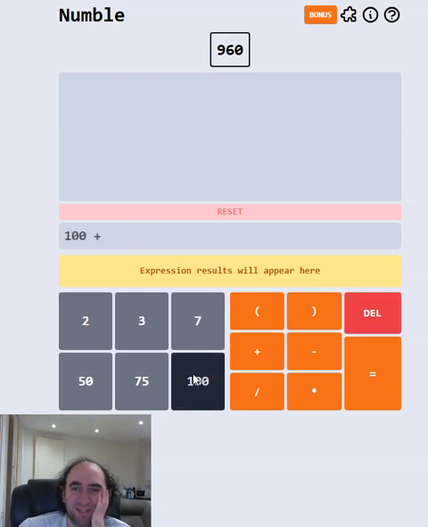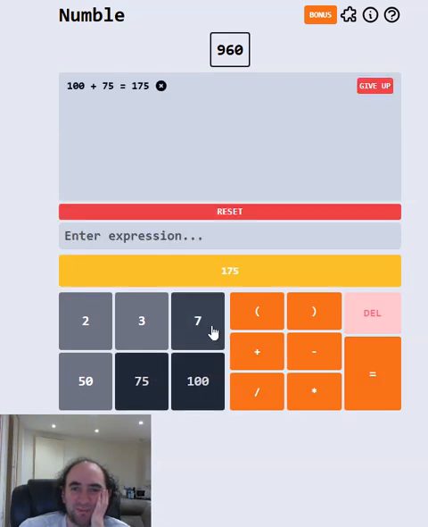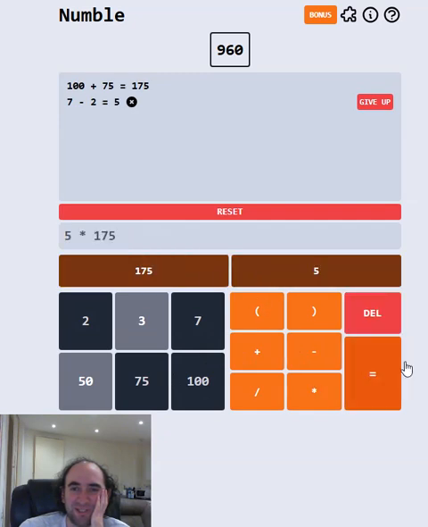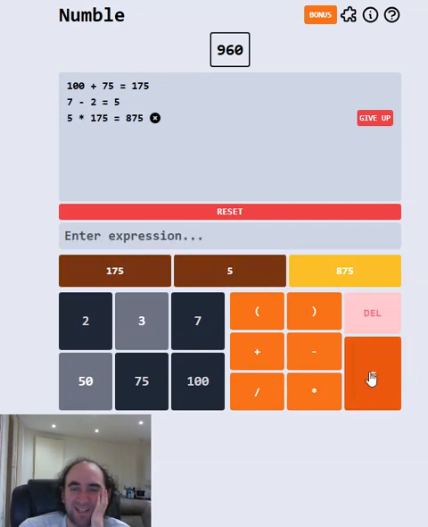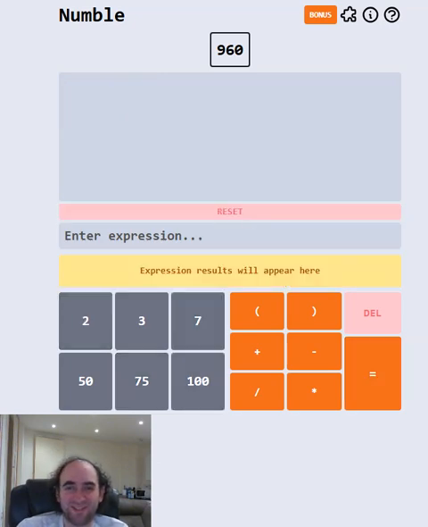Let's just play around with a few things because I can't be bothered to do the mental arithmetic. What happens if we multiply these two together? 875. So of course we could add 50, but we're not going to get to 960, are we? So that's clearly not helpful.